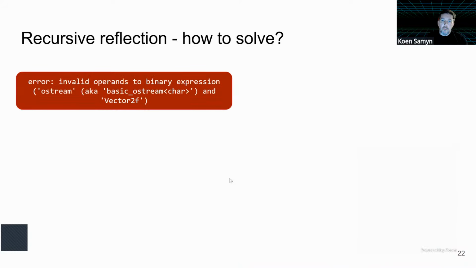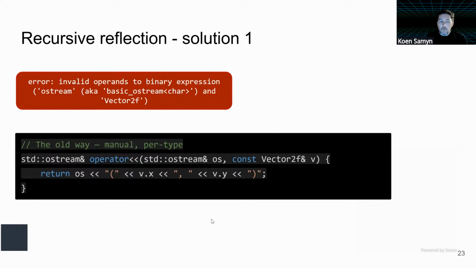So what could you do? How can you solve this? You could use an output operator and output the vector2f, and that would fix it. Here you can maybe already see the problem. It's not in a JSON format here.